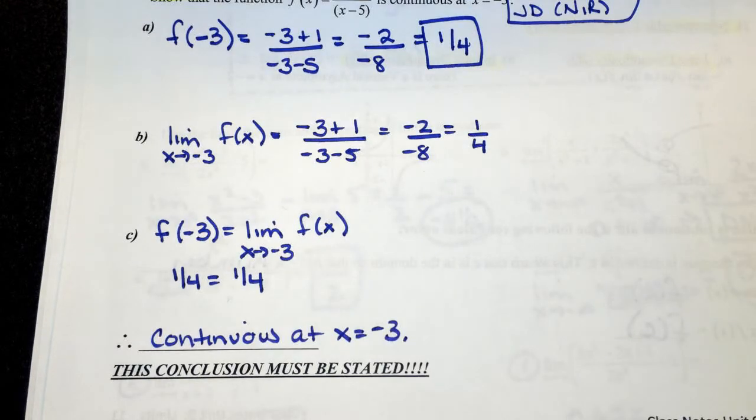Okay? So your conclusion is, now that you've found all three conditions to be true, we know that it is continuous at x equals -3. So any questions on how you can show continuity? Again, you just end up plugging in that particular x value multiple times. Okay? So any questions on that one?